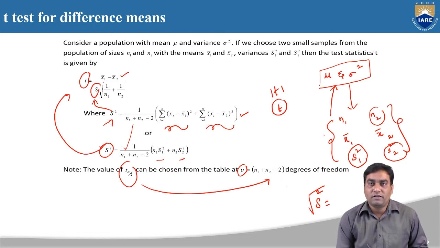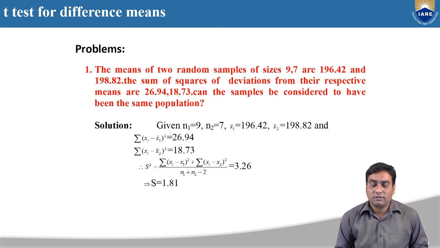We can choose this value from the table, and the t value we can calculate from the test statistic. After getting t, you can take modulus of t. If modulus of t is less than t alpha by 2, we can accept h naught. Otherwise, we can reject h naught. H naught means null hypothesis.